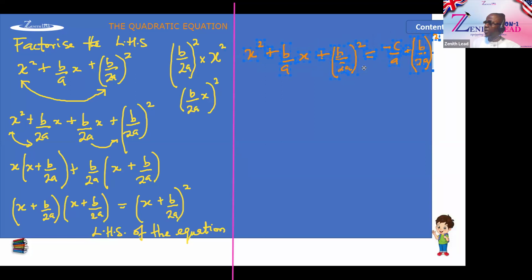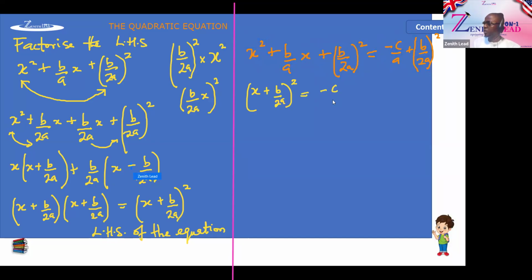And we can from here say that you have x plus b over 2a squared equal to minus c over a plus, you now expand the bracket, b squared over 4a squared. We can solve this sum of fractions.